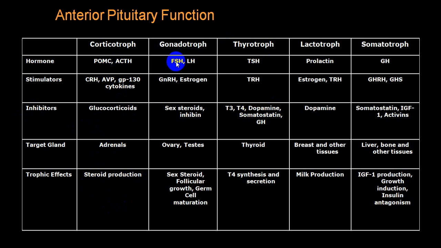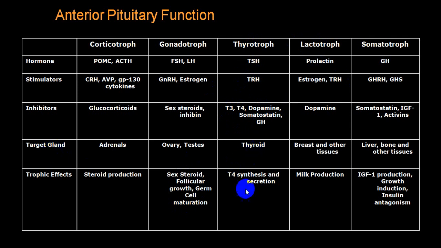Gonadotropes are FSH and LH, which are stimulated by gonadotropin releasing hormone and by estrogen, and they are inhibited by inhibin and sex steroids. They will have an effect on the ovary and testis, and stimulate follicular growth, germ cell production, maturation, and many other functions. We'll deal with this in detail when we cover the actions of those particular hormones. TSH is stimulated by TRH and inhibited by T3, T4, dopamine, somatostatin and growth hormone.